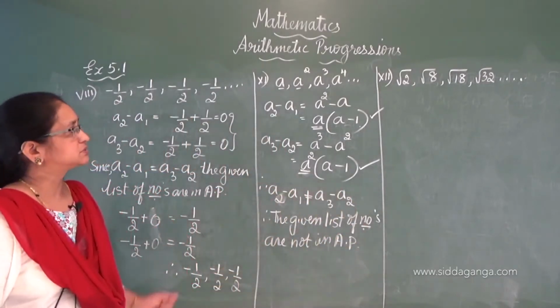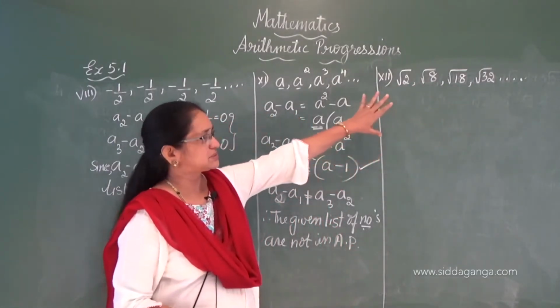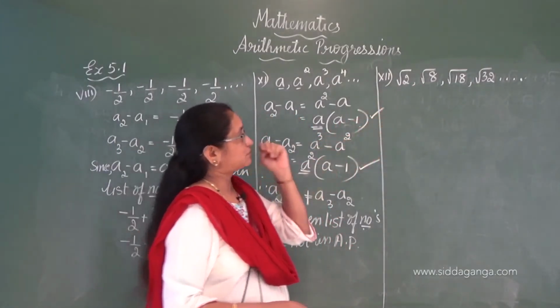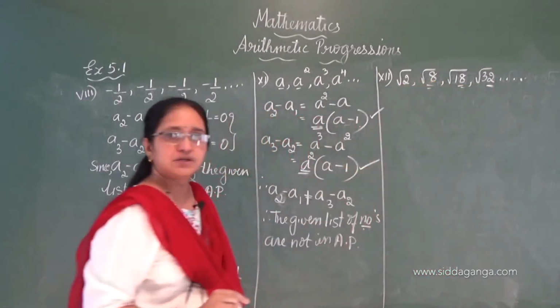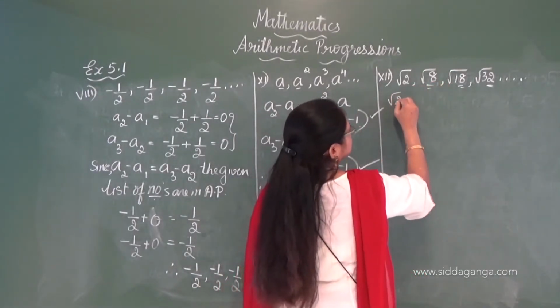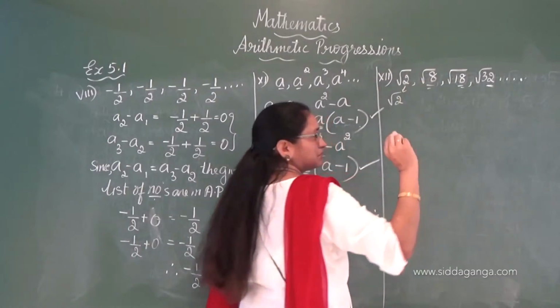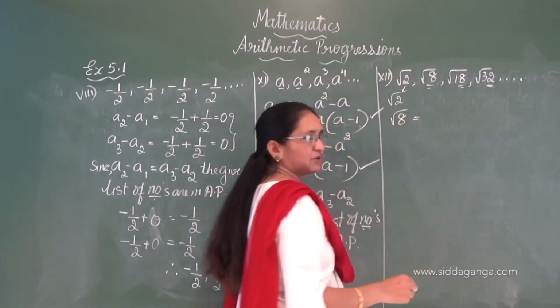Okay, like this. Next one. This is a very simple sum. See, in lower classes you have learned to simplify this. We can't decide here only. So first I will tell you how to work it out. This is root 2, it is in the simplest form. Now you bring root 8 into its simplest form.